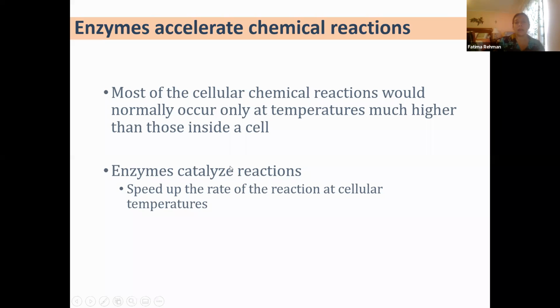So enzymes help provide an environment where those reactions can still occur at the physiological temperature. And they speed up the rate of the cellular reaction so that we aren't all looking like sloths, or acting like sloths, rather.